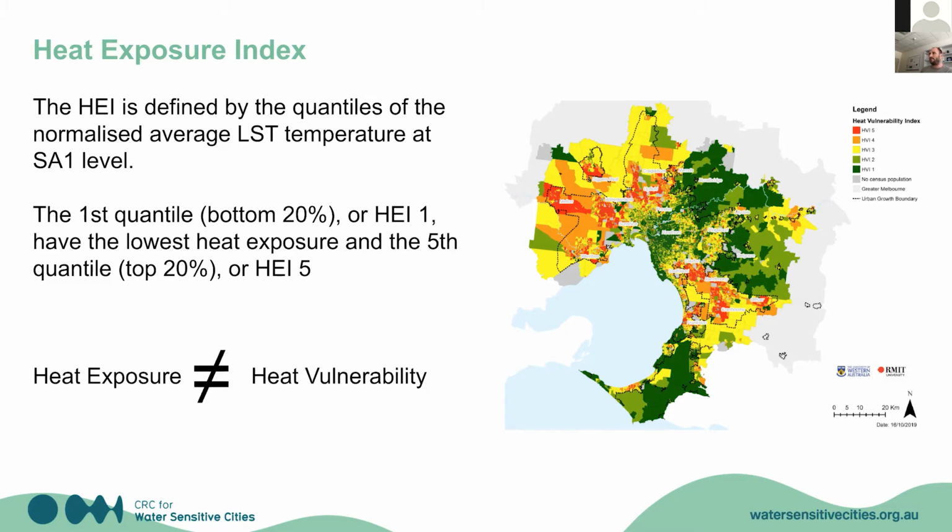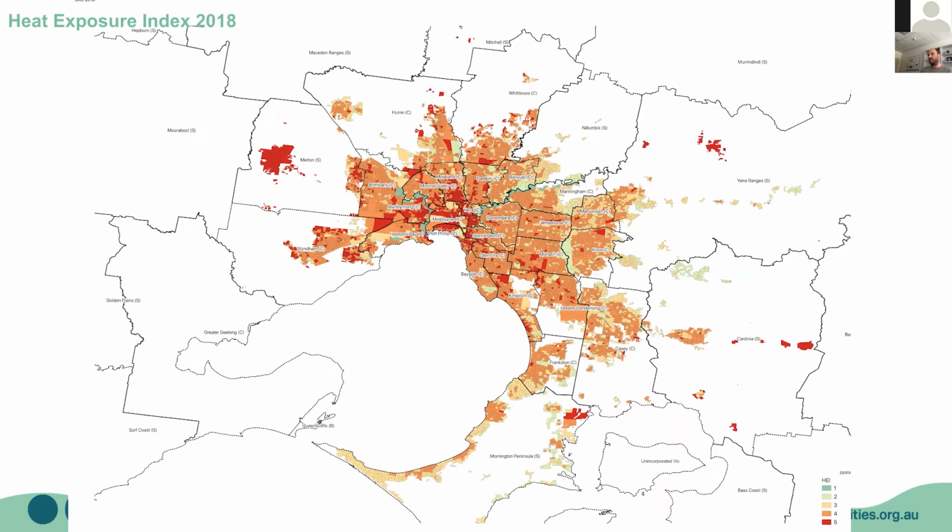And these are the maps that we see here. This is across Melbourne. We can see immediately the development here. Particularly in the urban areas, there are obviously a lot of impervious surfaces, and you get the build-up of heat. And this is then going into the well-developed middle suburbs as well, where the heat exposure is usually around 4 and 5, and it goes down the further we go out.